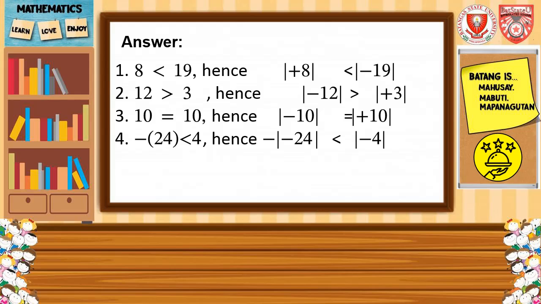Therefore, the absolute value of -10 is equal to the absolute value of +10. The absolute value of -24 is 24, which is greater than 4. Therefore, the absolute value of -24 is greater than the absolute value of -4.